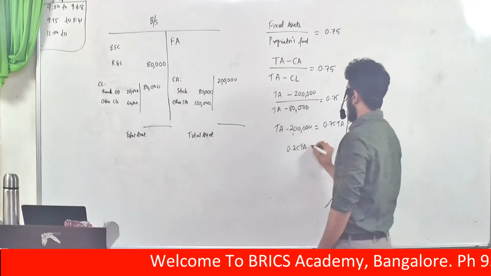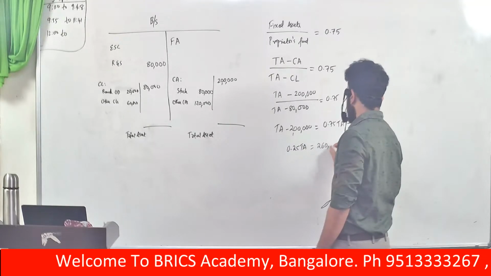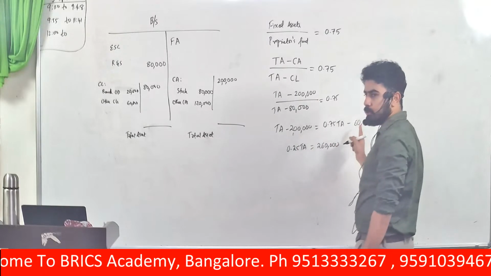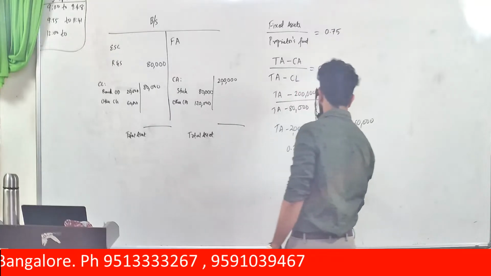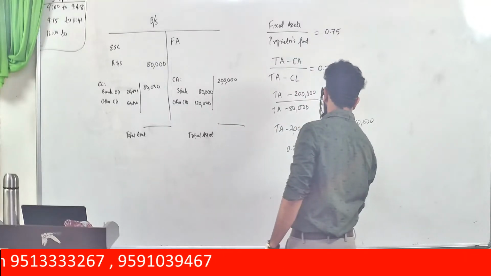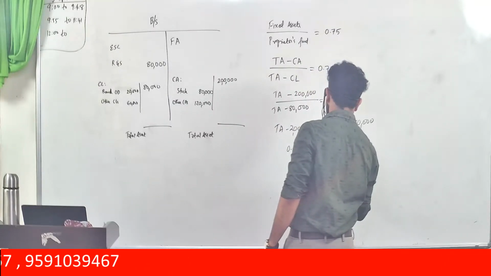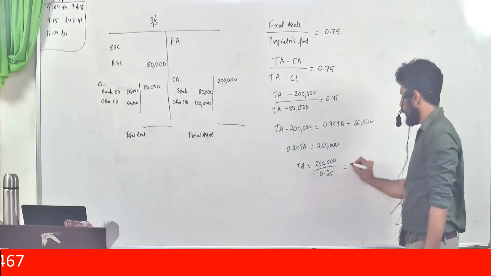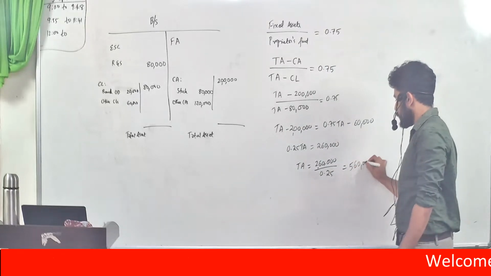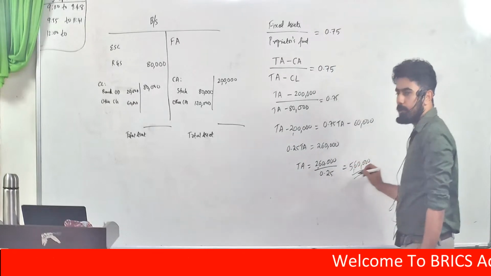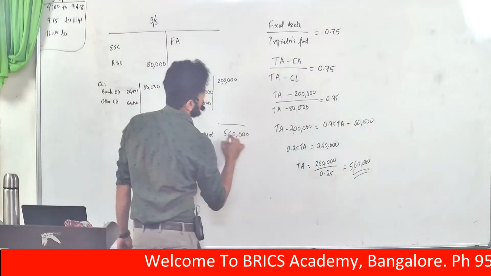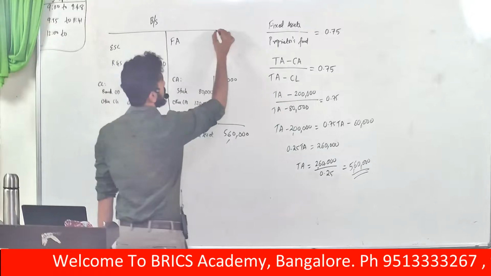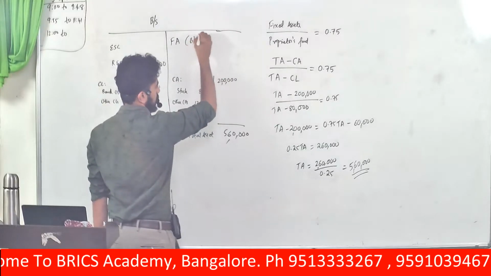Minus 2 lakh will become 2 lakh 60, and this minus there goes positive. So TA is 2 lakh 60,000 divided by 0.25. How much is this? 5 lakh 60,000. Now over. Now total asset we know is 5 lakh 60. This is the balancing figure: 2 lakh, 2 lakh.